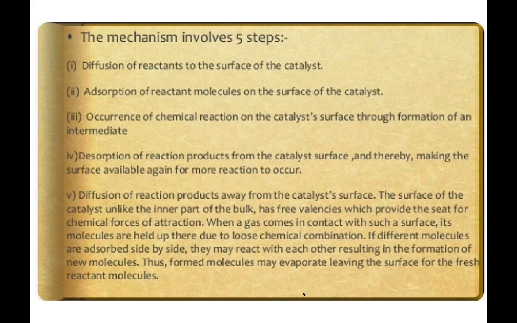So in order for the process to continue, more space should be made available for more reaction to occur. So for that, desorption of reaction products should take place from the surface of the catalyst. Once that is over, the fifth step is diffusion of the reaction products away from the catalyst surface.